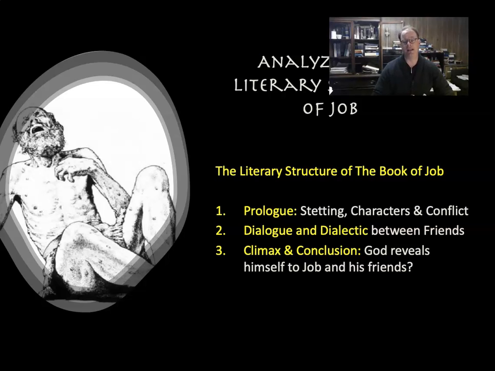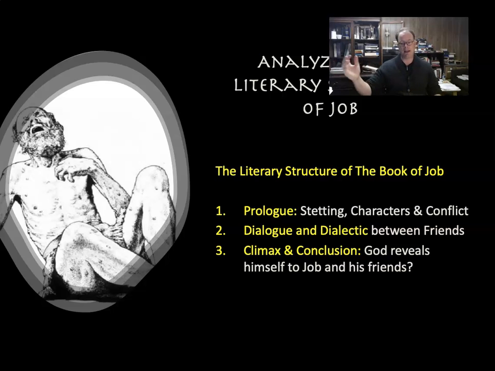Then we have dialogue, and you'll notice the structure really shifts, because the narration almost completely drops out, and we have mimetic conversation between Job and his friends. And you'll notice even more specifically that it's very clear that they're sitting around in a circle like a campfire, and Job speaks, and someone else responds.